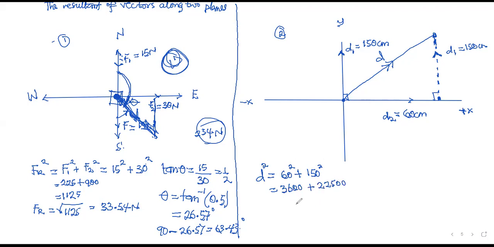So when you sum them up, what do you have? 26100. Therefore, D is equal to the square root of 26100, which is 161.55.